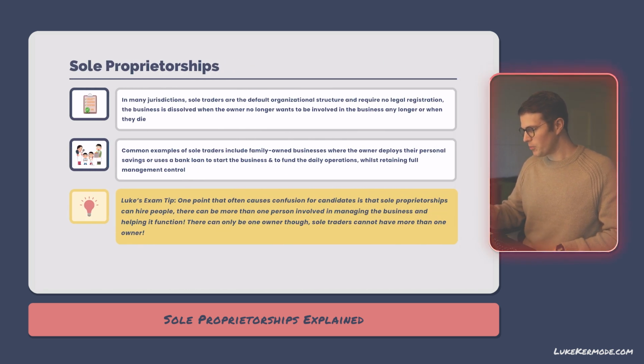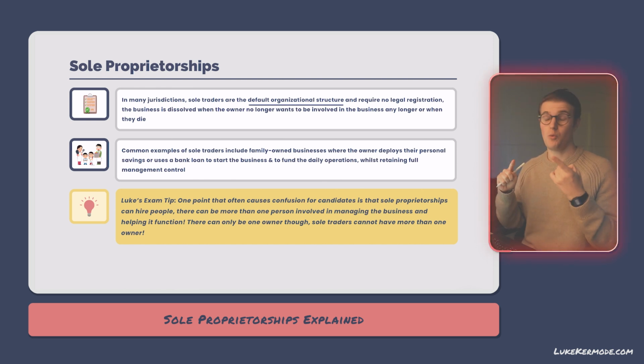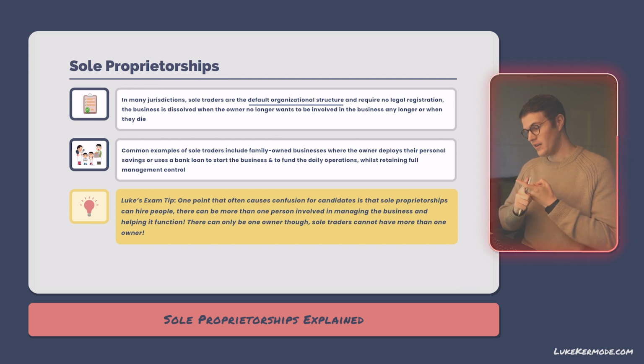And then just some final points here. In many jurisdictions, sole traders are the default organisational structure. So if you set up a business, you will by default be setting up a sole proprietorship unless you specify otherwise. No legal registration is required, and the business is dissolved when either one of two things happens: one, the owner no longer wants to be involved in the business, or two, when they die.